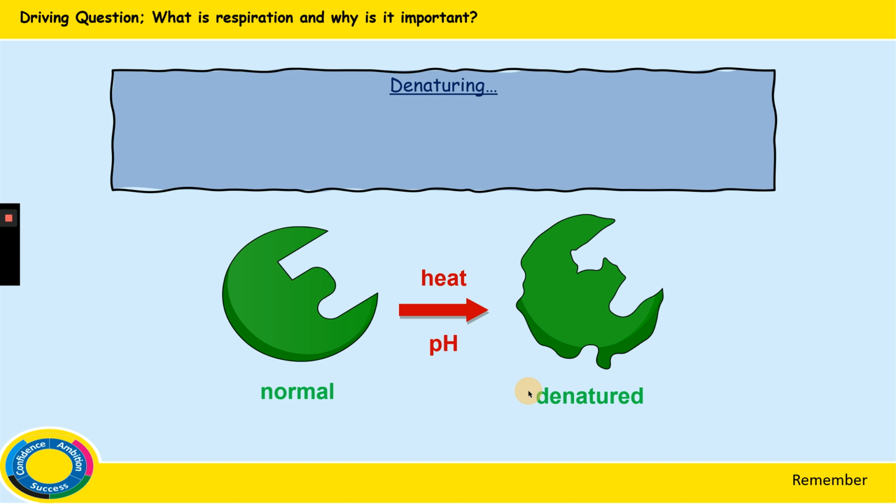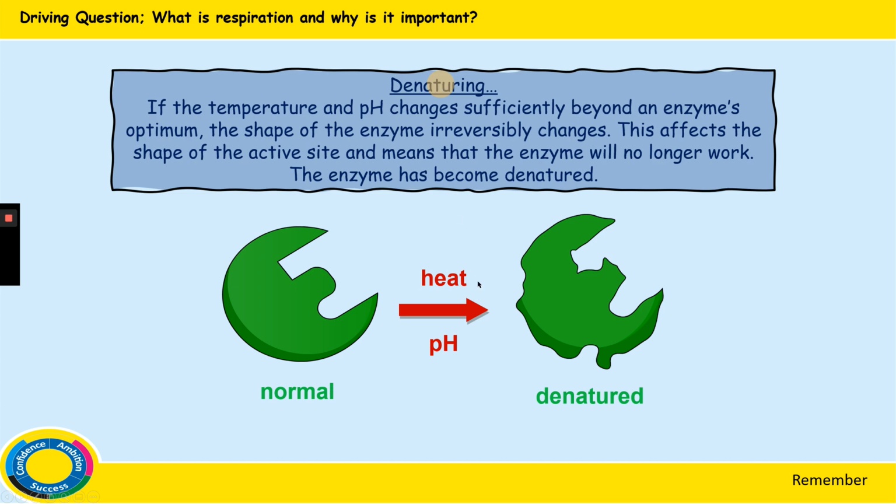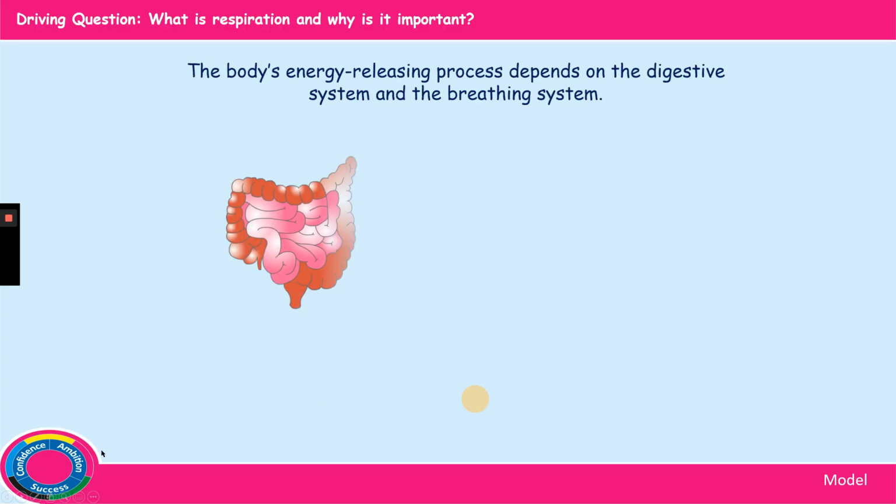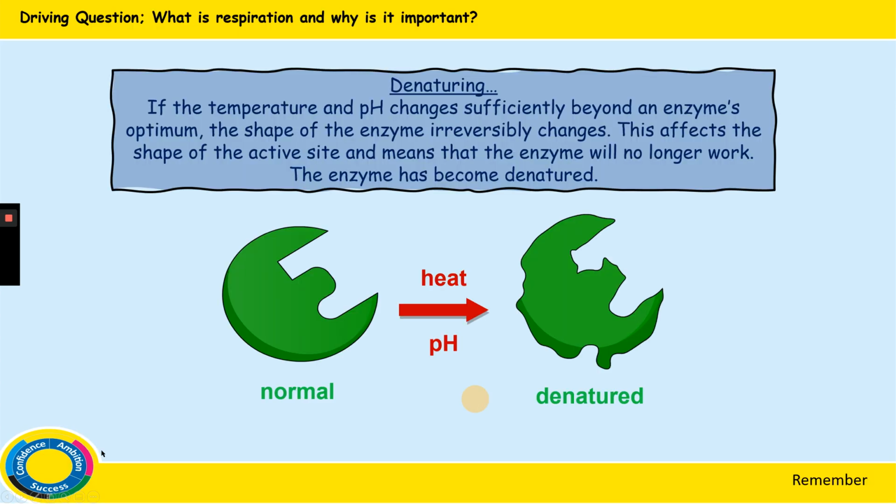Okay, so hopefully you could tell me that they are both enzymes, and this is a normal enzyme, this one is denatured. Why? Because if the temperature and pH change sufficiently beyond an enzyme's optimum, that means they do the most work at the top of that bell curve, then the enzyme irreversibly changes.